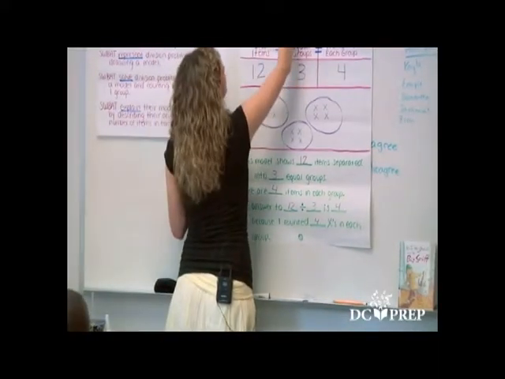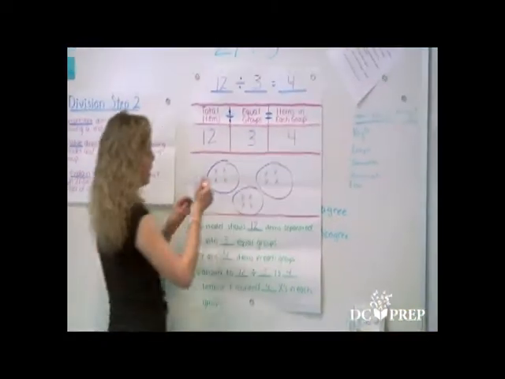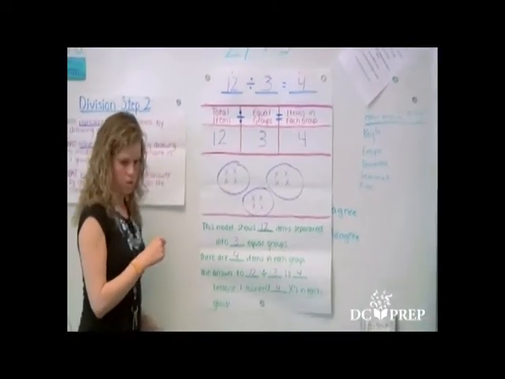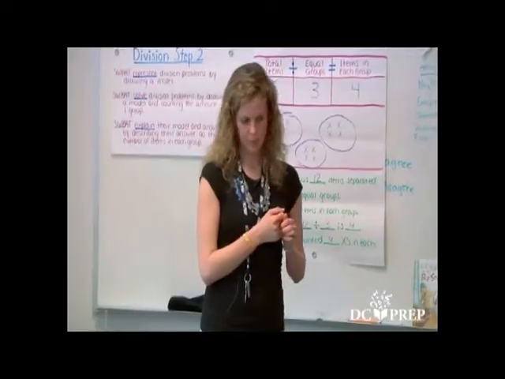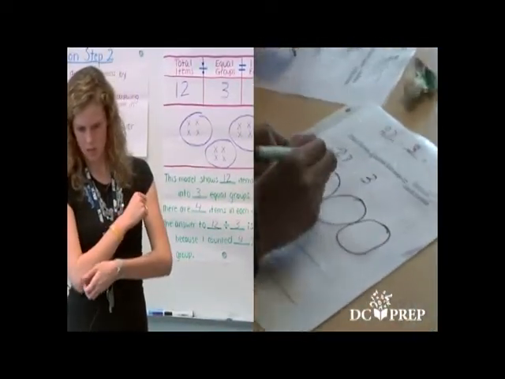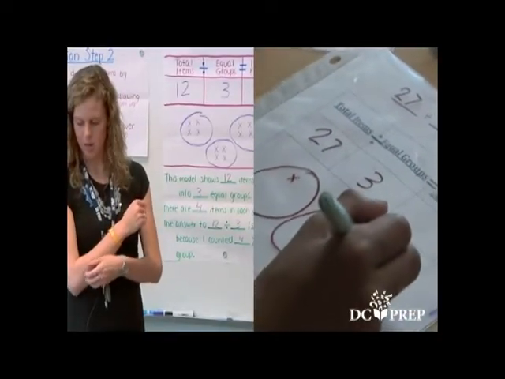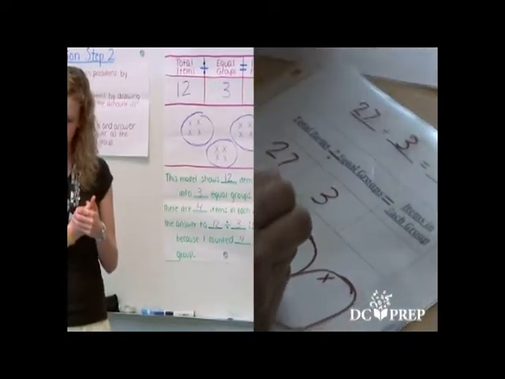27 divided by 3. That's interesting, Robert. I like that idea. That's okay. No, I like that.